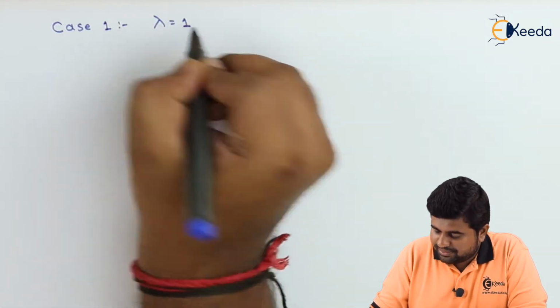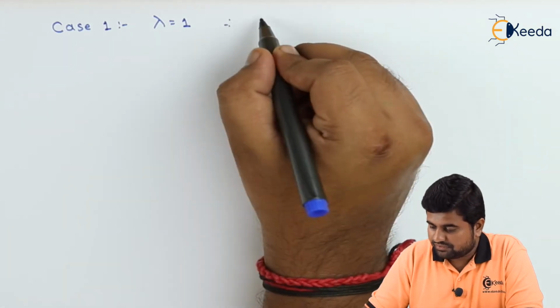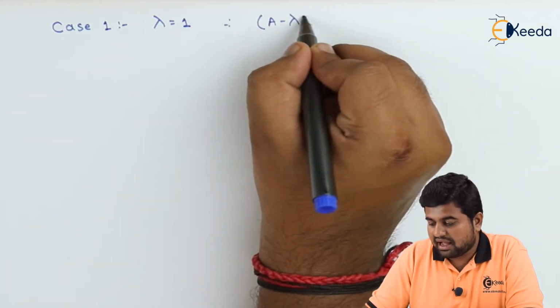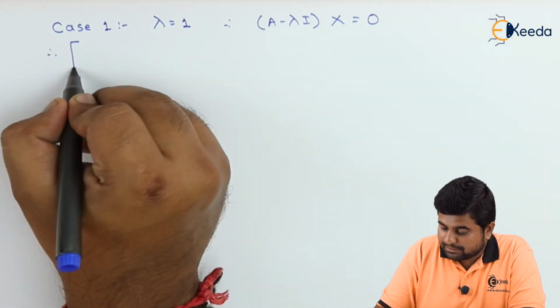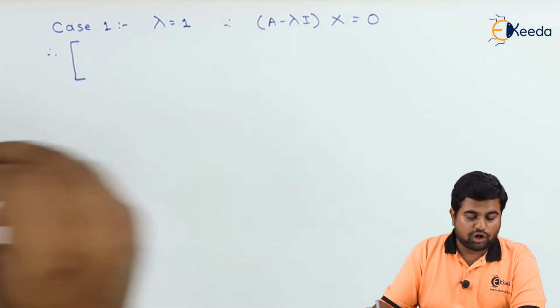Lambda is equal to 1. Therefore, A minus lambda I into x is equal to O. Therefore, we'll subtract lambda is equal to 1 from all the diagonal elements.